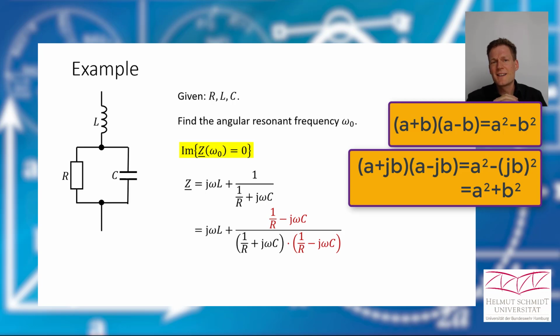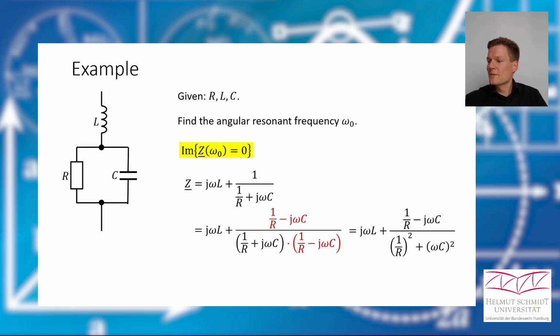So the negative part has a j square, that becomes a minus 1, and therefore our denominator becomes pure real, and we have 1 divided by R square plus (omega C) square, and the j disappears because we have j square. That becomes minus 1, and with that minus 1 our negative sign from the third binomial equation becomes plus.